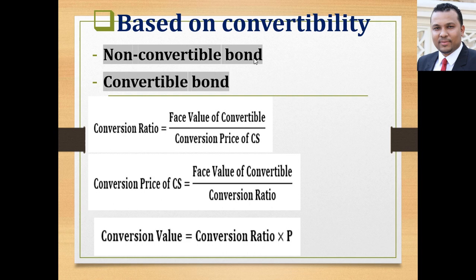The next, convertible bond. In the case of a convertible bond, this is an exception because the corporate bond gives the holders the option to convert the bond into a stated or specific number of common shares.